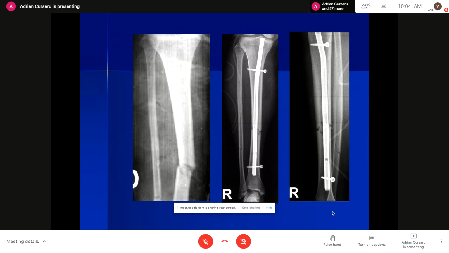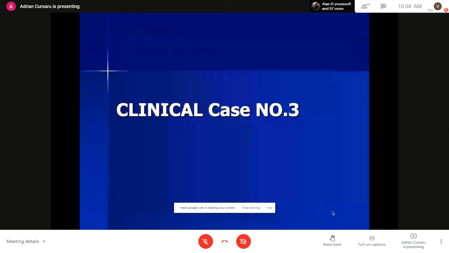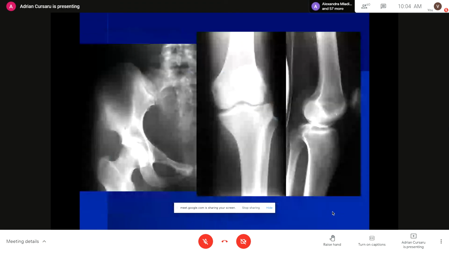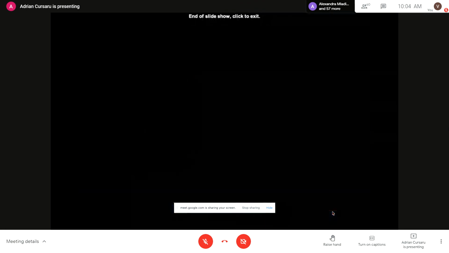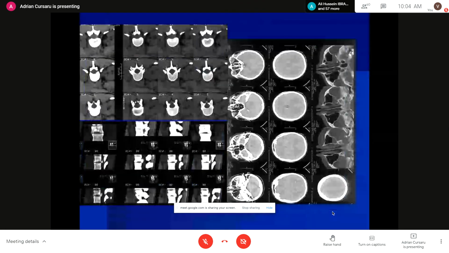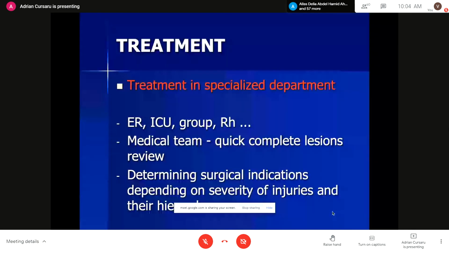But if you have a high injury, like in that case of patients with a higher energy trauma, a big trauma, it could be a patient with soft tissue damage. And it is very important to make a correct diagnosis about the soft tissue.